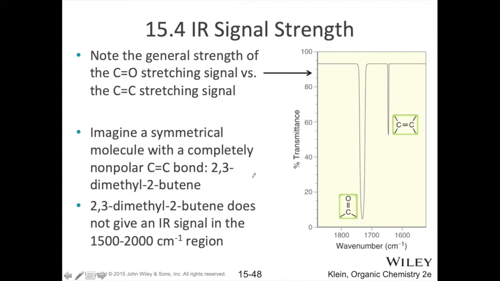Basically, we have 2-butene, so 1, 2, 3, 4. And if we have a methyl group at the number 2 position and a methyl group at the number 3 position, you can see that this molecule is completely nonpolar, right? And therefore, there won't be any signal at all from that carbon-carbon double bond.